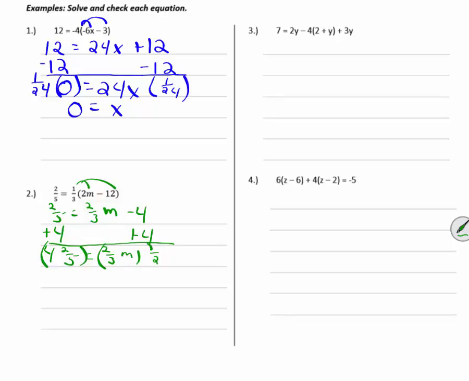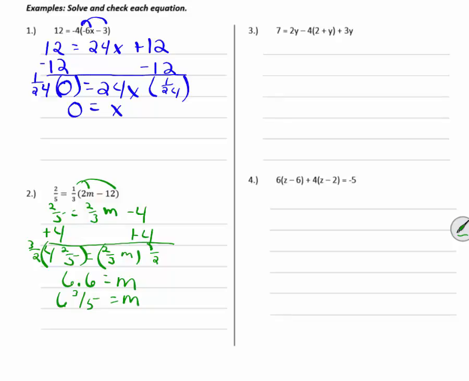When you put this in your calculators, it's going to end up being 6.6 equals m. You can turn that back into a fraction using our math frac button, which we'll talk more about. If you do that, it's going to be 6 and 3/5 equals m. Either way. All right, number 3.